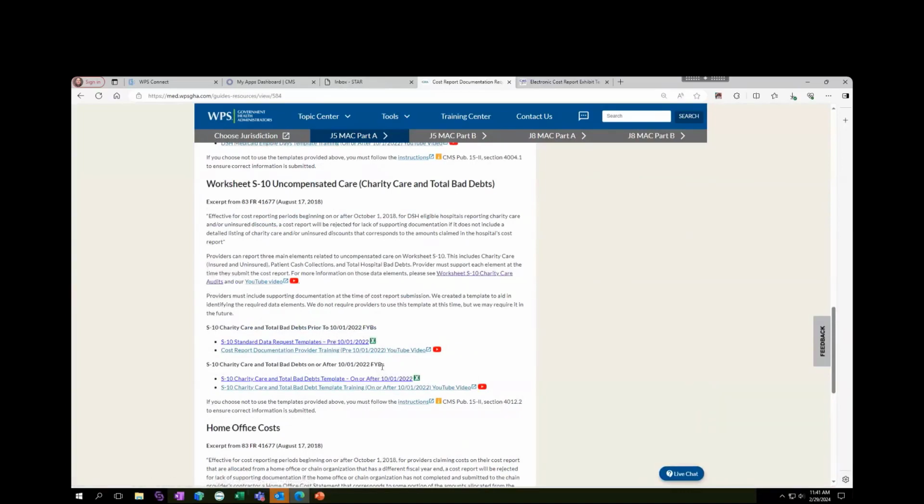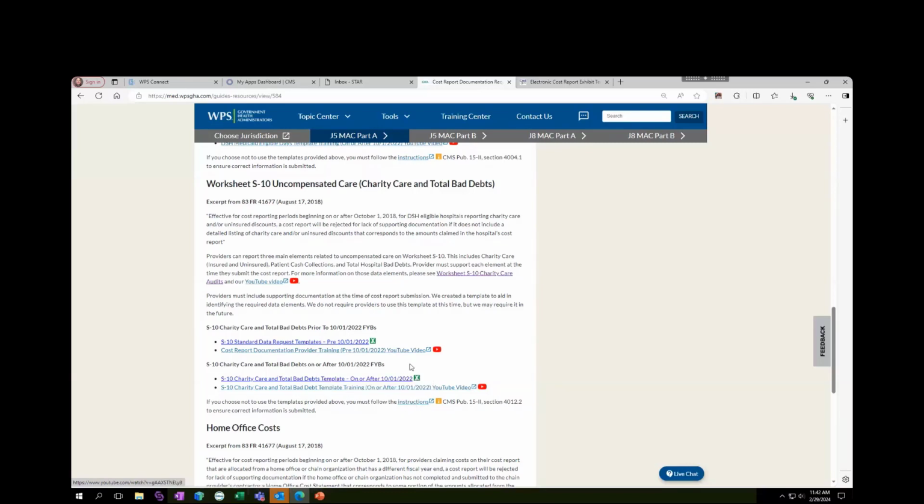And there's the on or after 10/1/22. And by the way, I mentioned that there is actually a link to the instructions. I must have put that in at one point. This takes you to Pub 15.2, Section 40. I just completely forgot I did that years ago. But this will take you to the instructions you need.